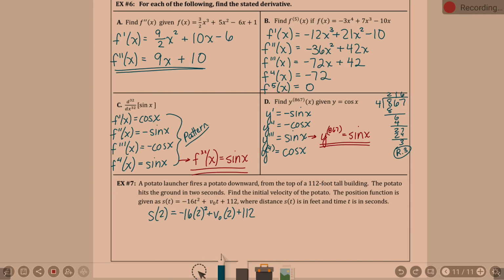It hits the ground in 2 seconds. What's its position in 2 seconds? 0. You would solve for V naught, and you would end up with negative 24. Okay, I know I didn't give you guys any time to process that on your own. And it's negative because it's decreasing. It fires a potato downward.